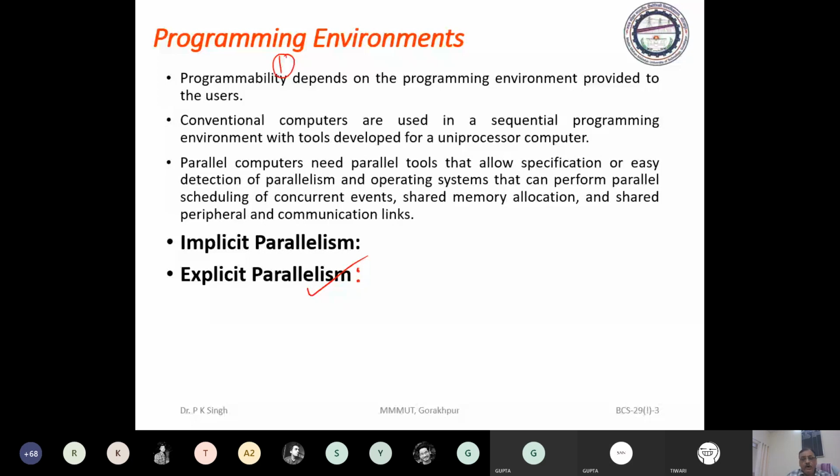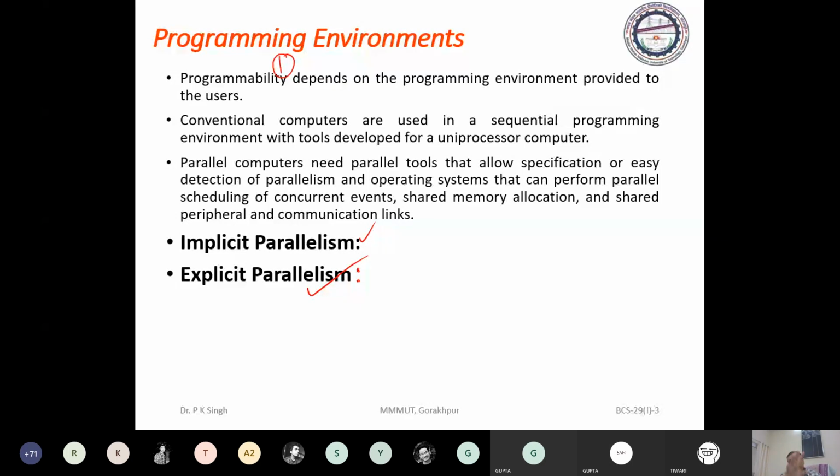So we put this task on the compiler, because there are very specialized persons who write compilers.